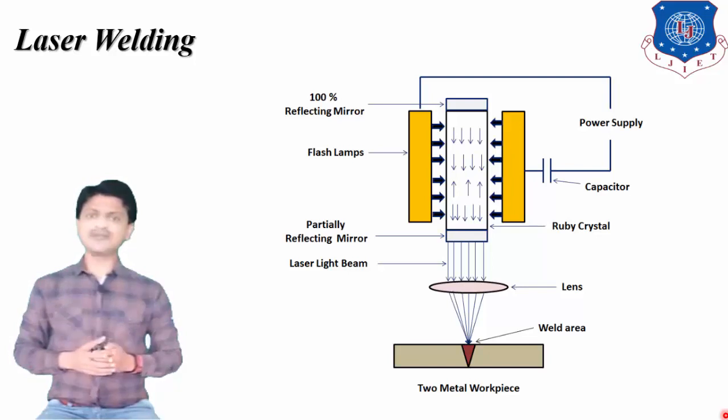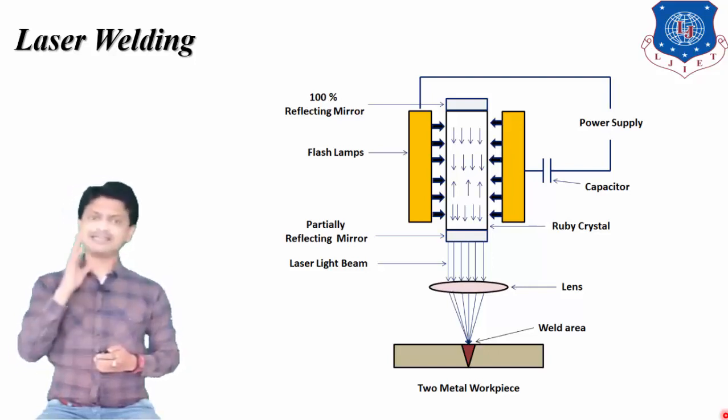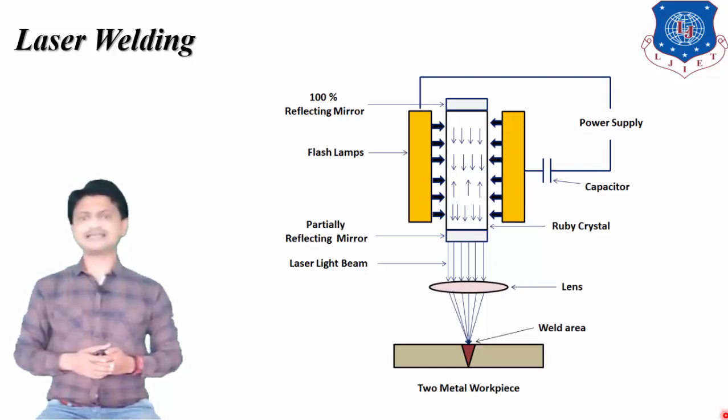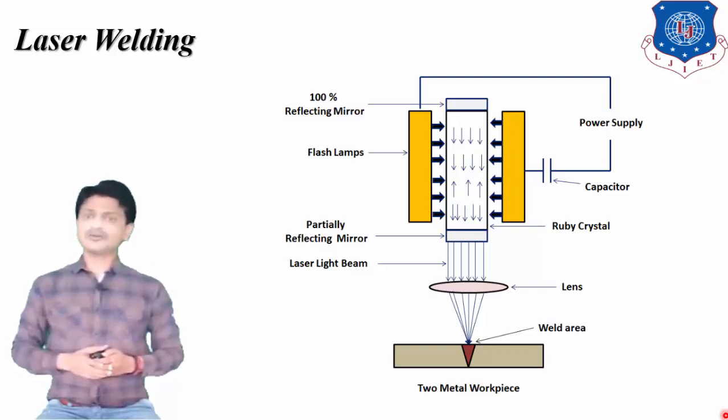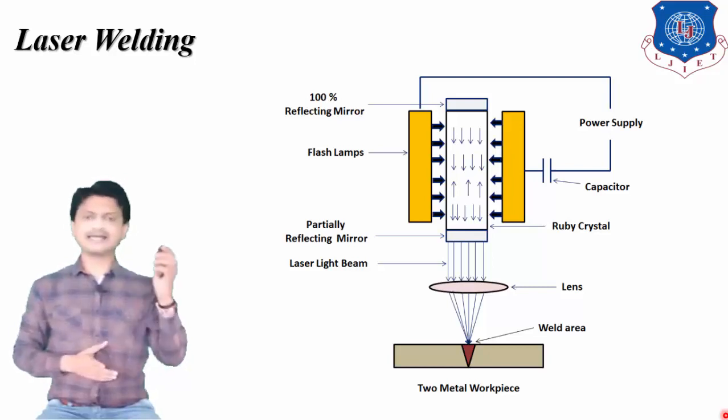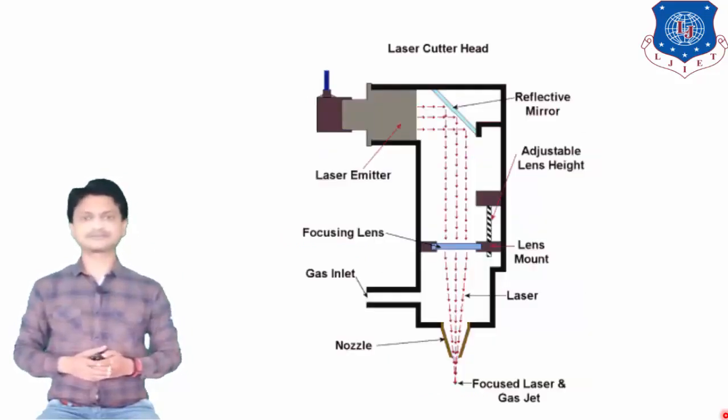Two dissimilar metals can be welded using this method, and lastly it can be done in inaccessible areas like inside a glass envelope. Now let's move towards the last application, that is laser cutting.